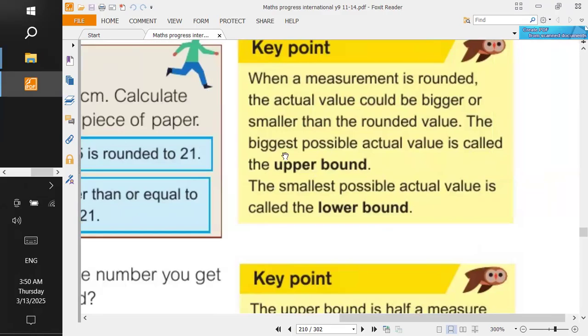Here, for example, this is the upper bound and this is the lower bound. For example, the upper bound, they call it the biggest possible actual value or the maximum value. Lower bound, they call the smallest possible value or the minimum value. So it depends on the words they're using. Sometimes they don't say maximum, sometimes they don't say upper or lower bound, so you have to focus on this.